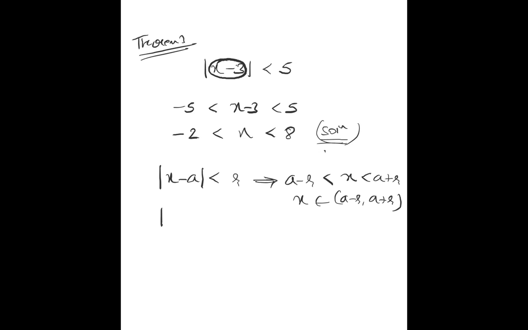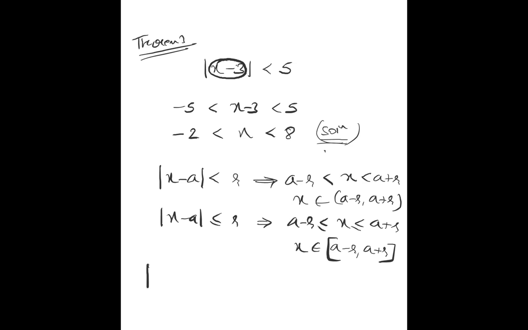Similarly, for this and all, they are creating one more theorem. Same thing. And like this, for greater than also similar thing they have developed. But you can do it yourself, right? No need to use this theorem.